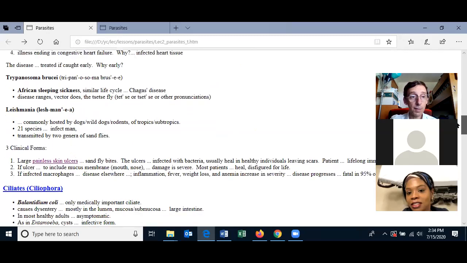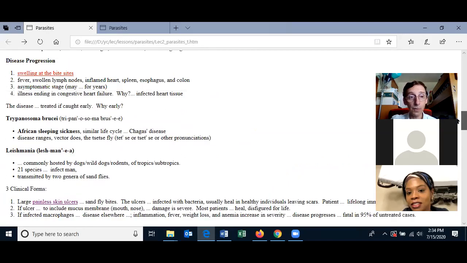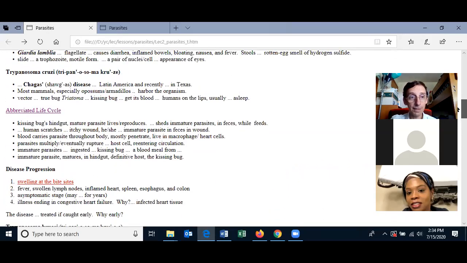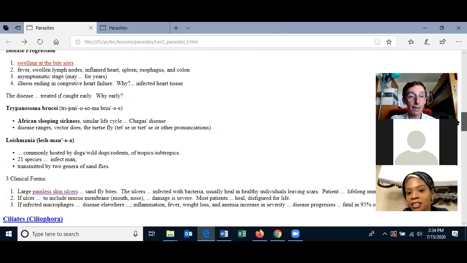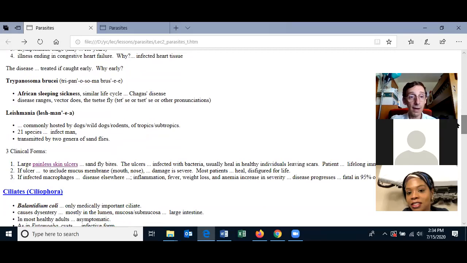So I want to talk about Trypanosoma brucei, which is a parasite similar to Trypanosoma cruzi. The difference is that this one is found in Africa and causes African sleeping sickness.